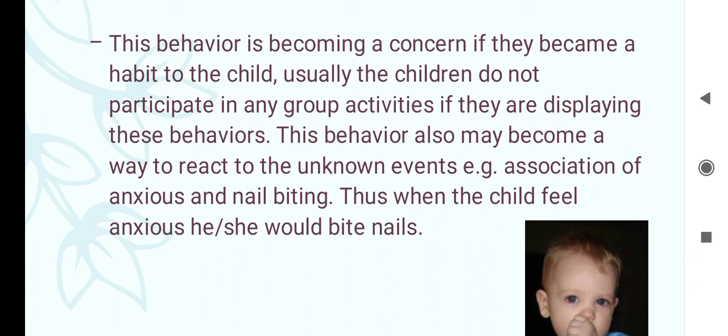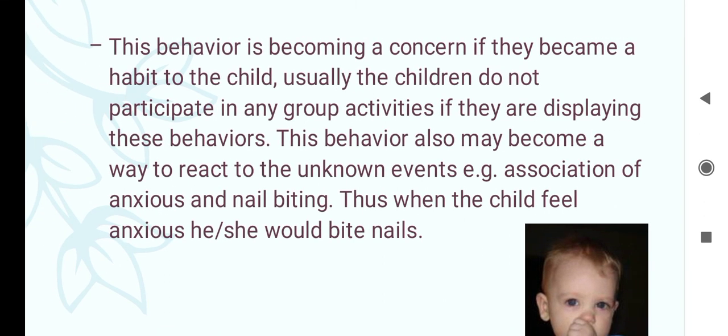So kita boleh lihat lah, kalau tiba-tiba dia gigit kuku, bermakna children ni berasa cemas. Unnecessary feeling anxious. Thus, when the child feels anxious, he or she will bite nails.